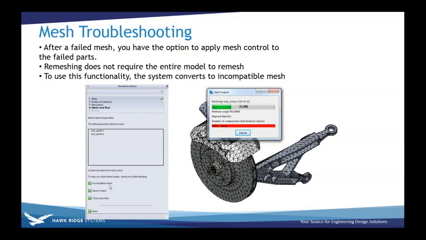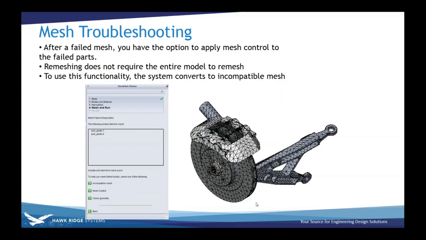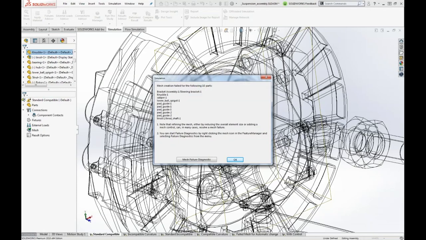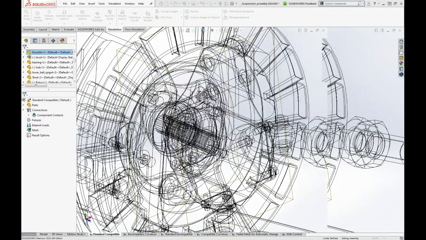It'll say, hey, do you just want to try incompatible mesh everywhere? Or do you want to add some mesh control? If you add mesh control from this interface, it will only adjust that individual part and it will force an incompatible mesh.